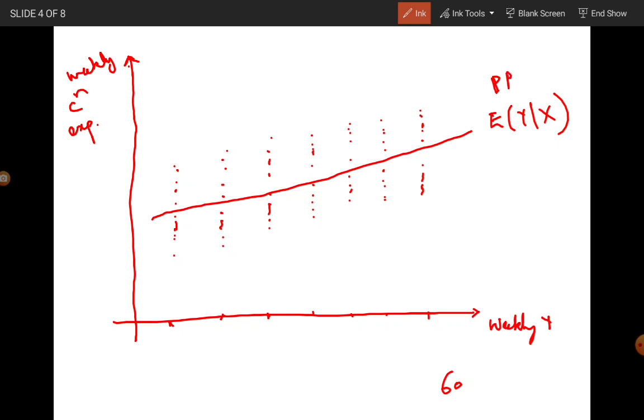This is your PRF. Now what happens is, in real life, in practicality, not all of the population is known to us. So among the 60 families we probably have data related to only something like this, right?